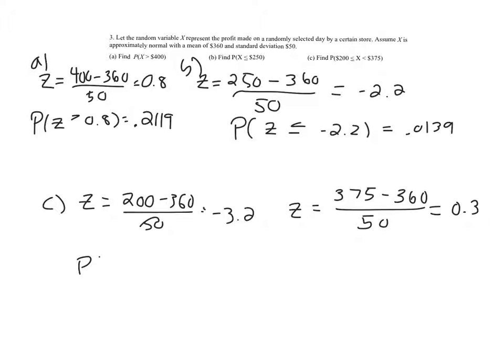And then my probability statement, less than or equal to, match their symbol, z, but less than 0.3. And my final probability after I look them both up, then take bigger decimal minus smaller decimal, is 0.617.